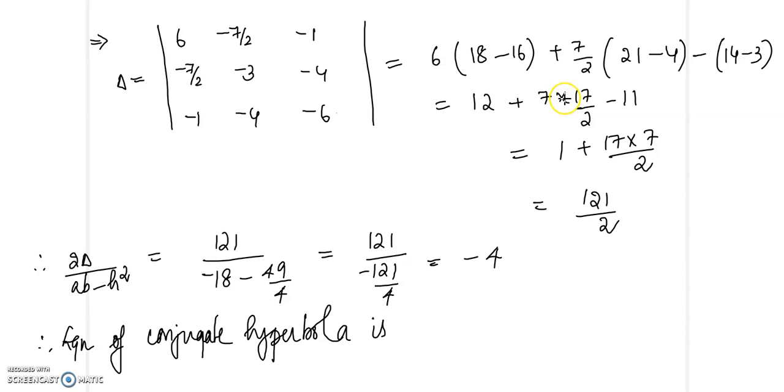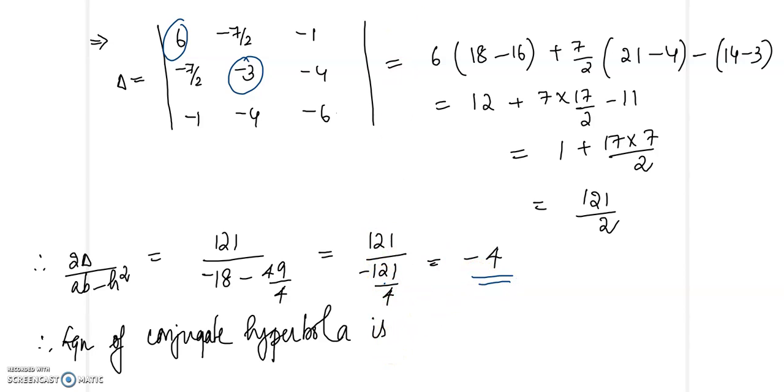When you solve the determinant you will get 121 by 2. So now we can evaluate 2 delta by ab minus h square. 2 delta will be 121. Then ab is minus 18 and h square is 49 by 4. So ab minus h square, upon simplifying, you will get minus 49 by 4 minus 18, which simplifies as given.